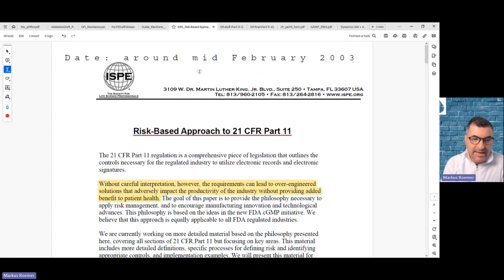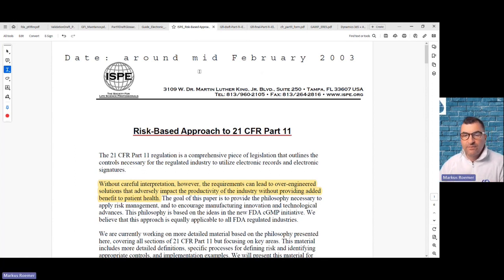So the ISPE has written this public letter. I cannot find out when this was published. I think it was the 16th or the 18th of February, maybe the 21st of February 2003. I just say around February 2003.